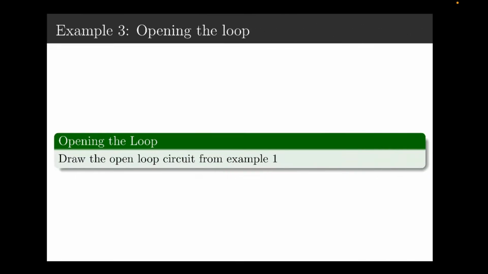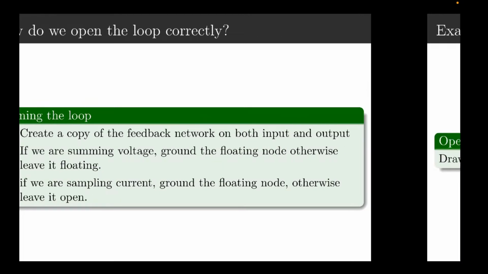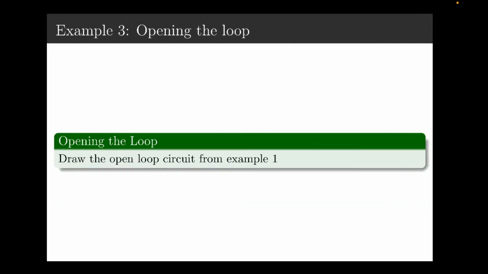Okay, draw the open loop circuit for example 1. I don't think I'm going to get away with using the image over there, so I'm just going to have to do that. I'll omit the current mirror for now and just draw the rest of the circuit.